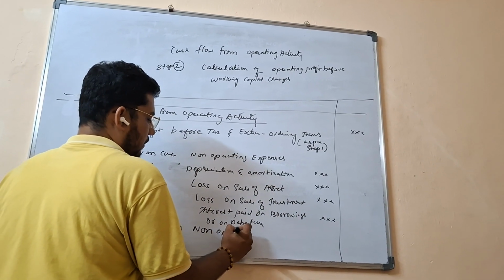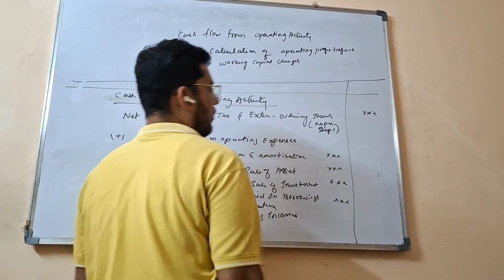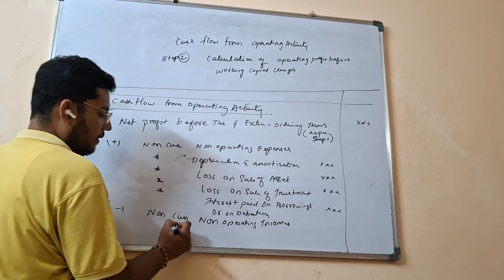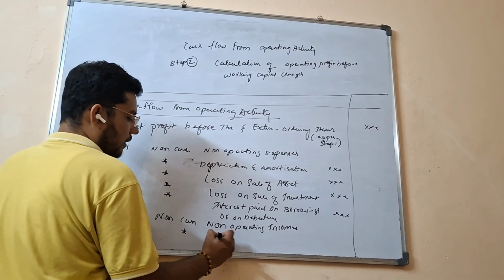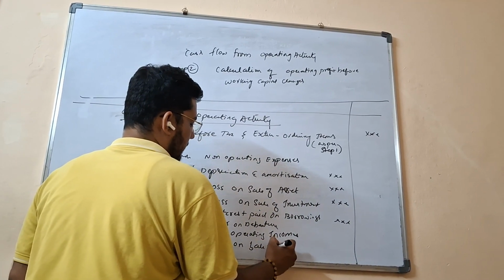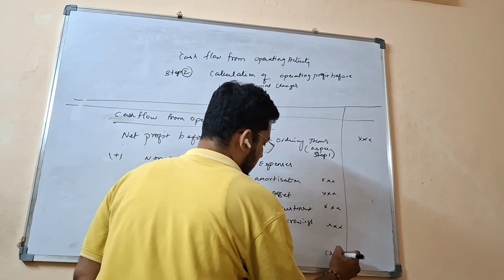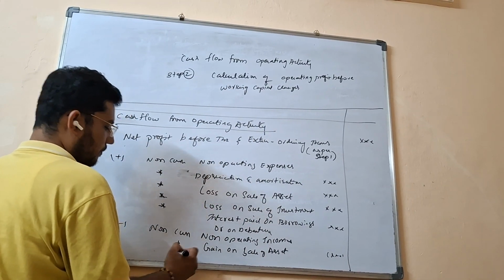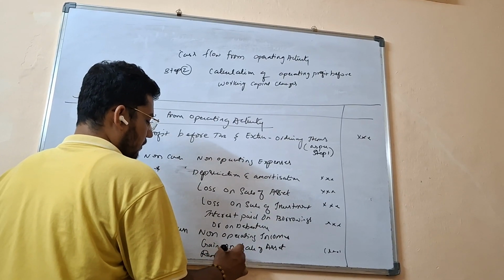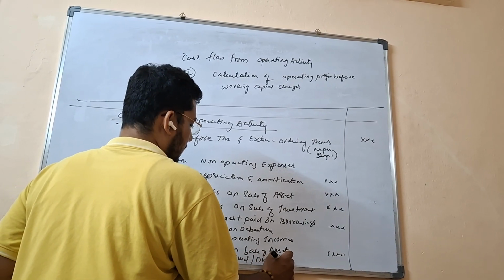Next, now for subtraction, we are going to take non-cash, non-operating incomes, that is gain on sale of asset, minus rent received, comma dividends received.